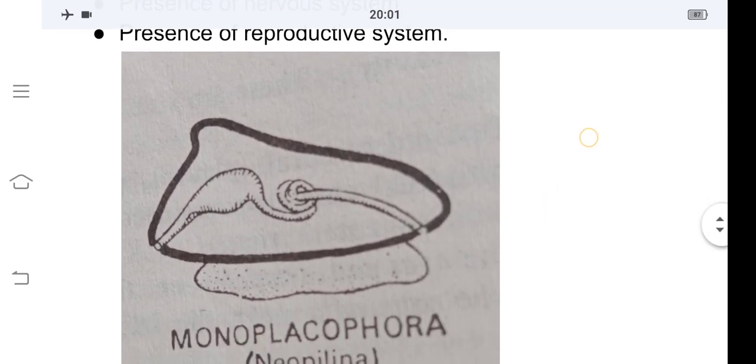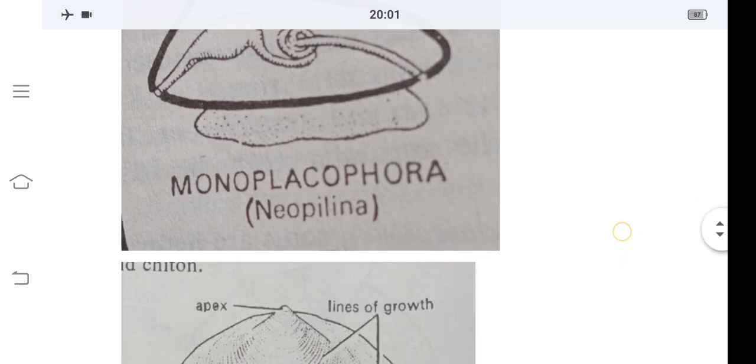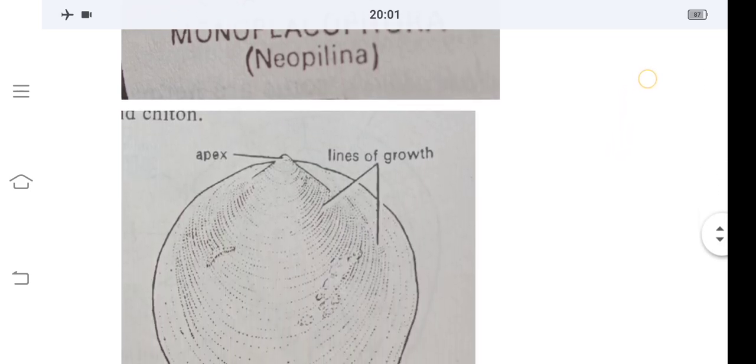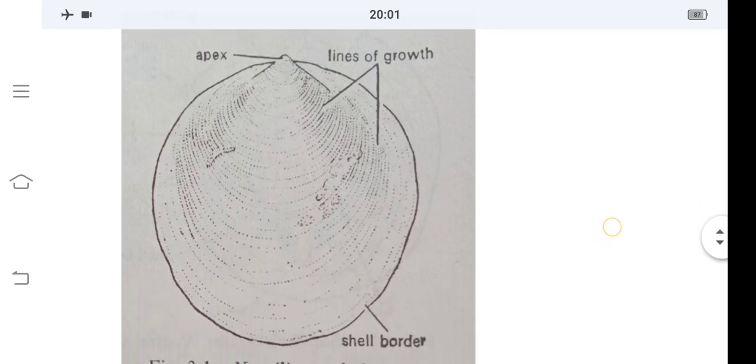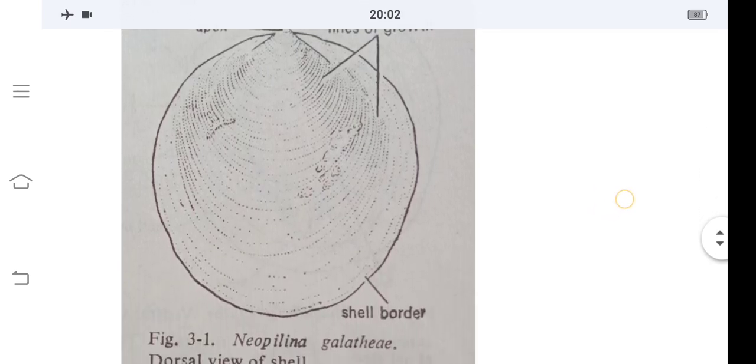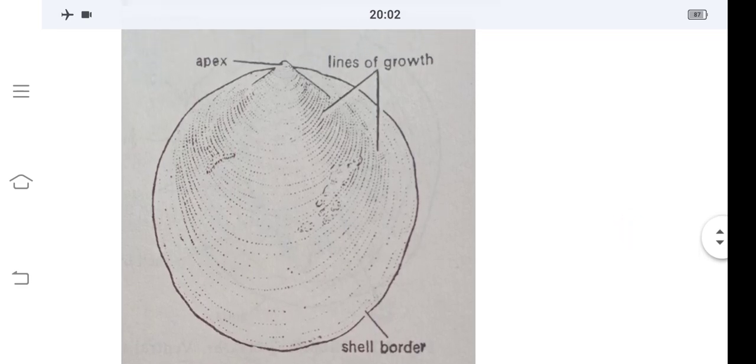There is also a picture of Monoplacophora. Dorsal view of the shell.